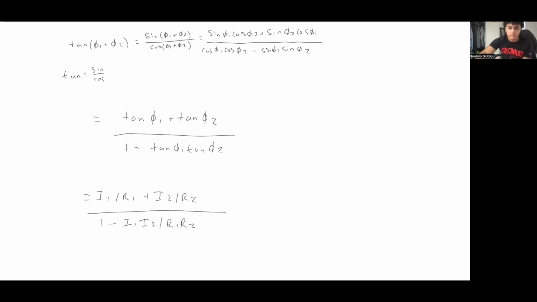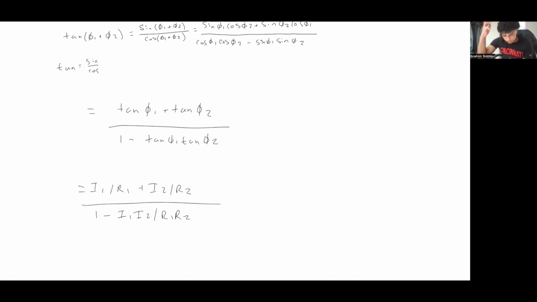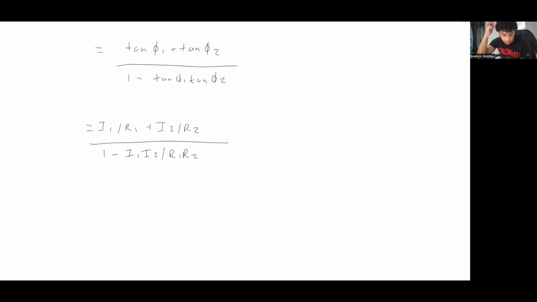Okay, so we're almost there. And of course, we have a fraction on the bottom, so we want to multiply that out. Doing that, just cleaning it up a little bit, this will end up equaling R2 I1 plus R1 I2 over R1 R2 minus I1 I2. And essentially, this is going to be our final equation.